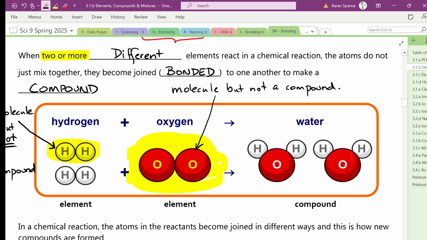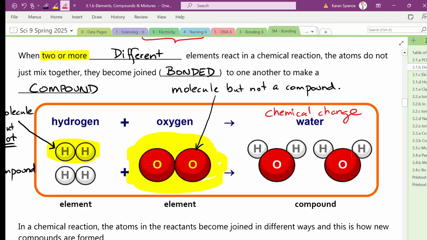That is a chemical change. How do we know that it is a chemical change? Because we got a new substance. The atoms got rearranged into new particles.